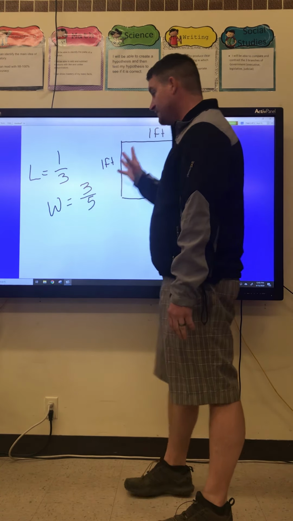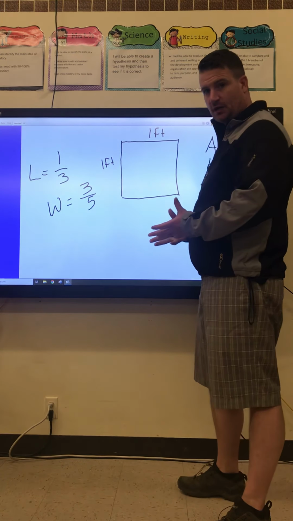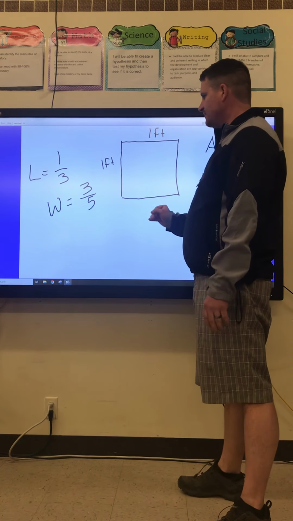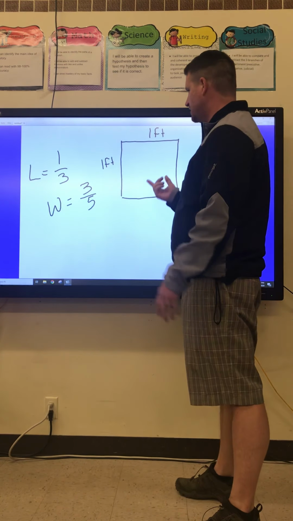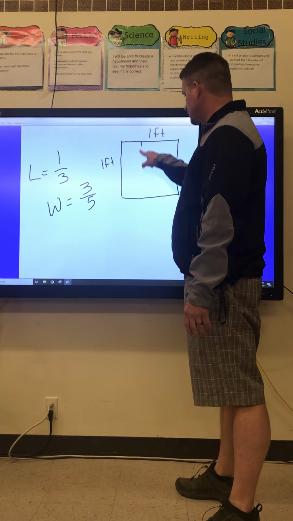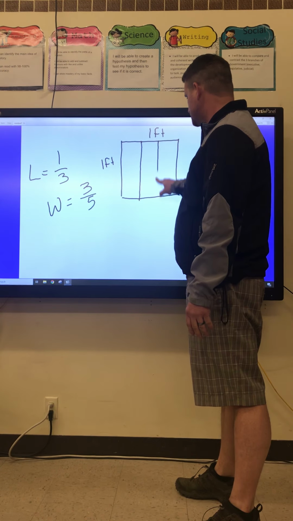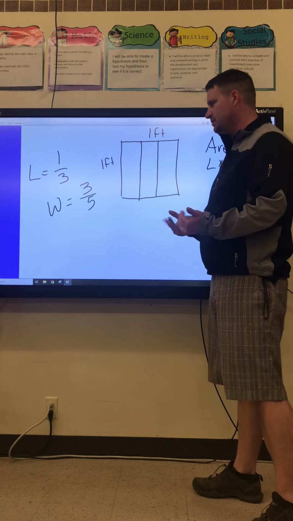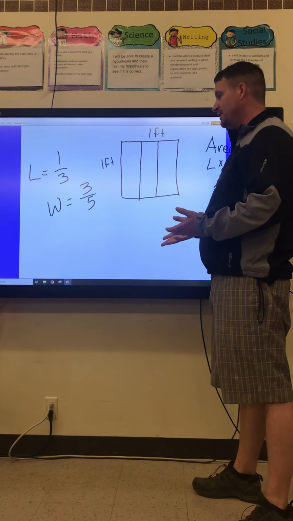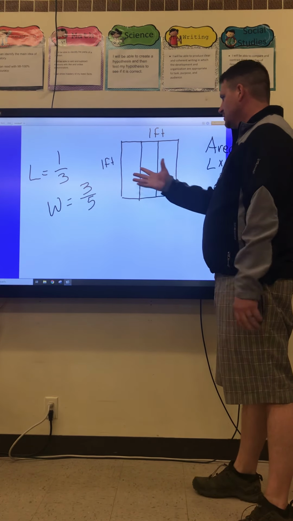Widthwise, it is 3/5. Now, I could break this up into a different section to get kind of where our answer's at. We're trying to find the area if the length is 1/3 and the width is 3/5.